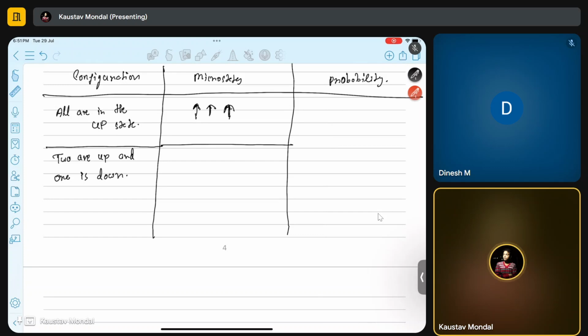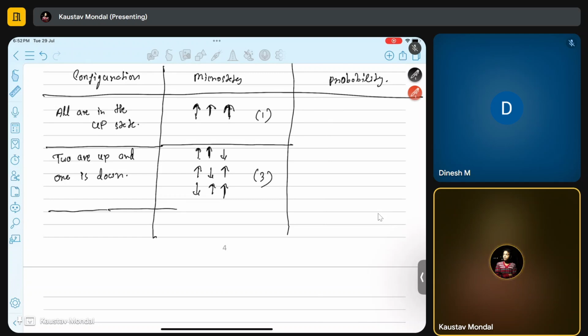Two up means this one is up, this one is up, this one is down; in another, this one is up, this one is down, this one is up; and in the last, this one is down, this one is up, this one is up. So: up, up, down; up, down, up; down, up, up. Two are up, one is down. In this case, three microstates are there.